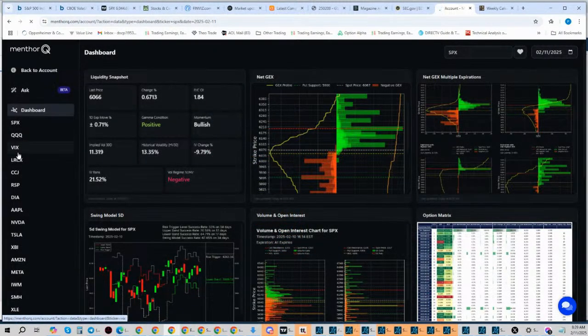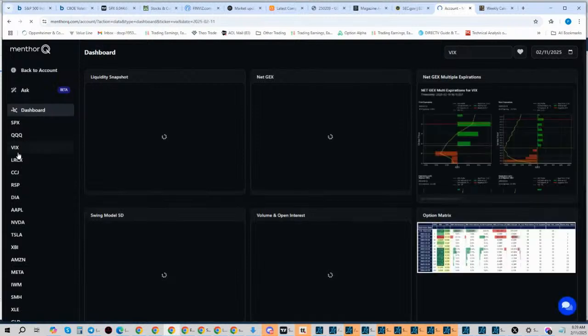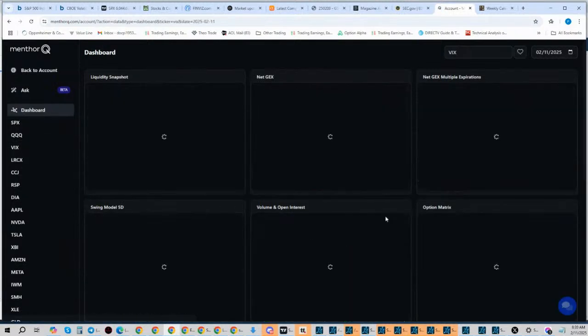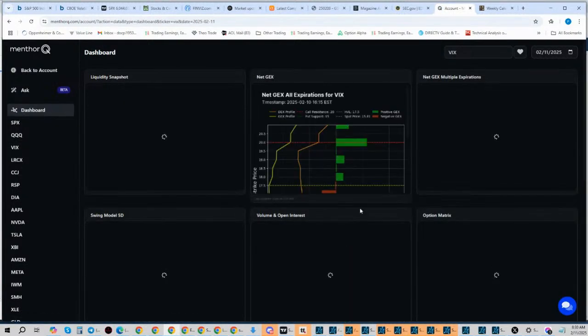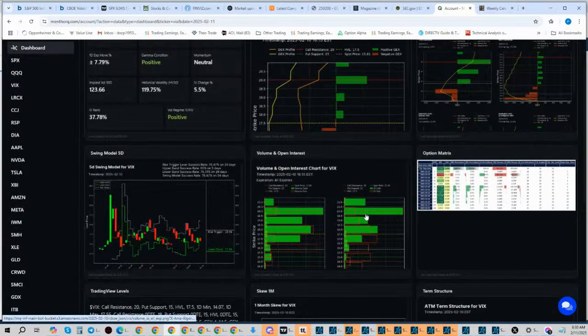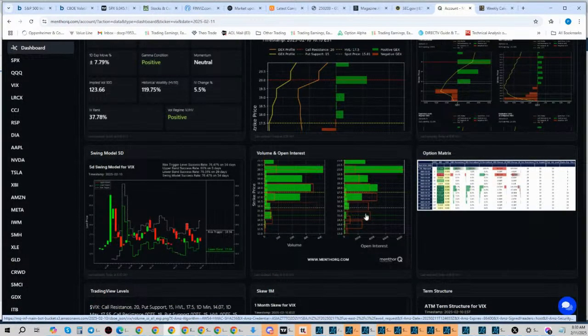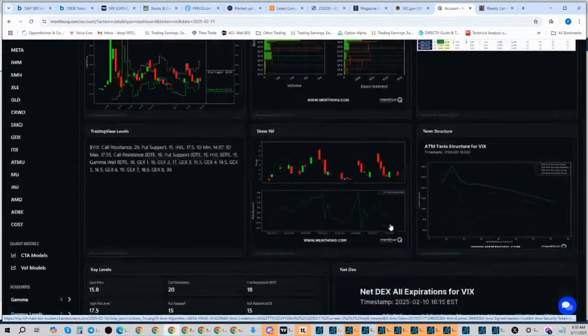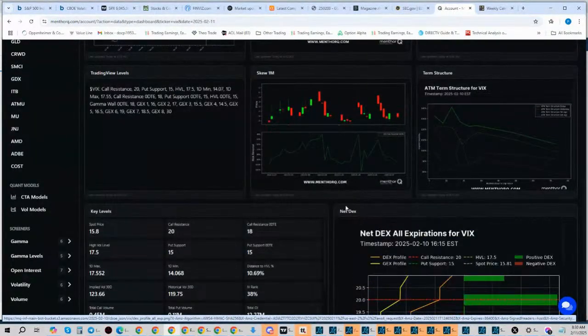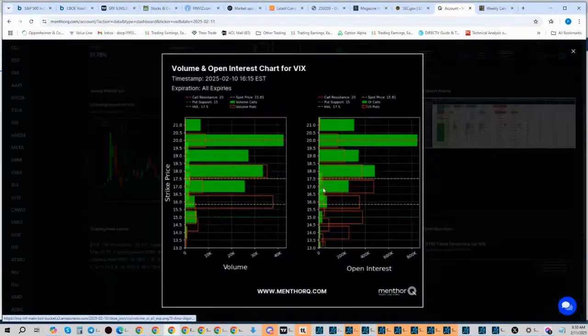I want to take a look at VIX because I think VIX is an interesting setup here. I'm going to talk about VIX. Let's see how we can best visualize what I want to see. Let's start with the open interest.